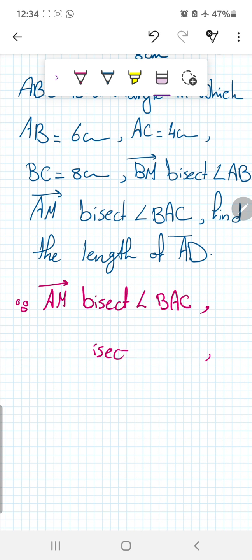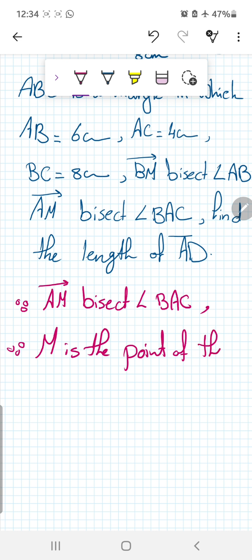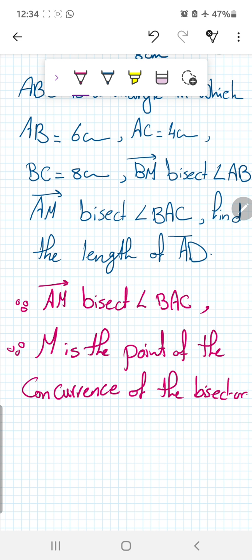Therefore here we write, since M is the point of concurrence, or the point of intersection, of the bisectors, CM also bisects angle ACB.